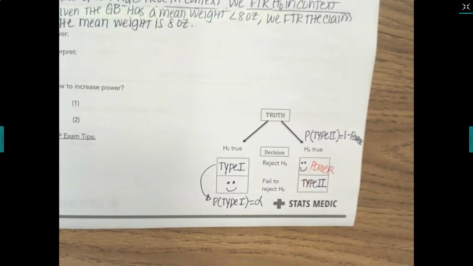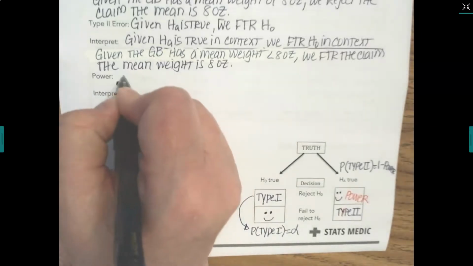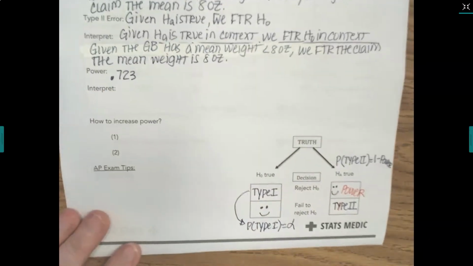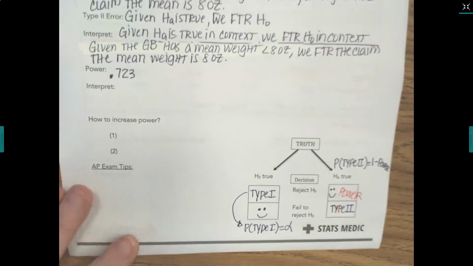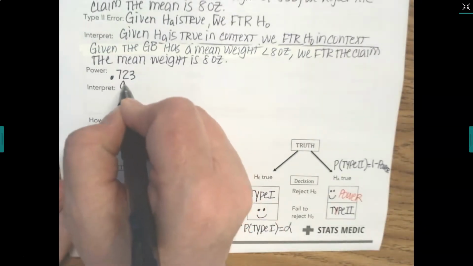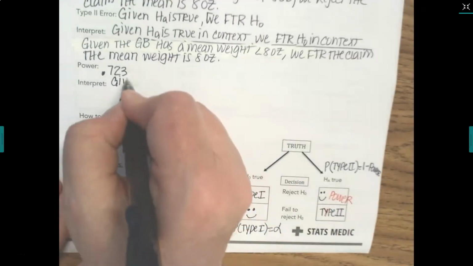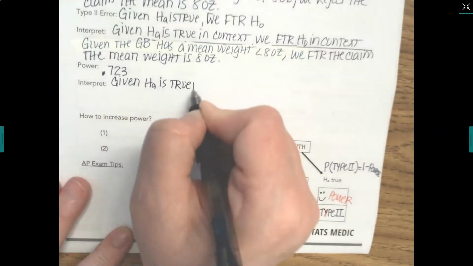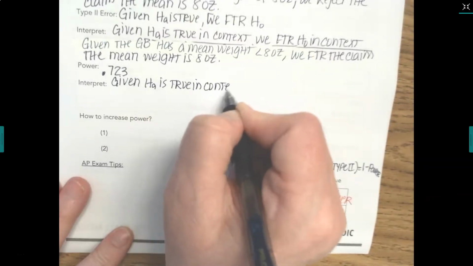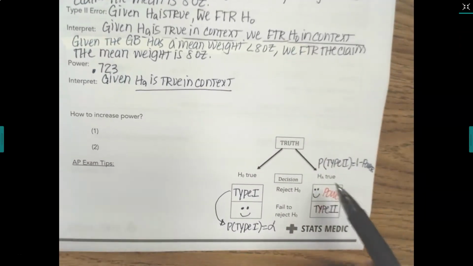So let's have a couple quick reminders about power too. So in this case, our power was 0.723. You should be given this number. If you're asked to interpret it, the basic idea is you want to say, because the power is about the alternative being true. So given my alternative is true in context, well, what would happen? What we're talking about here is the power.